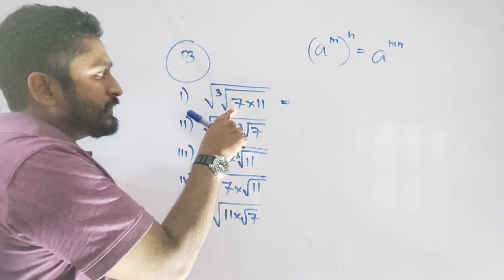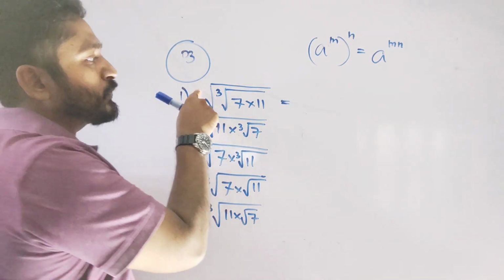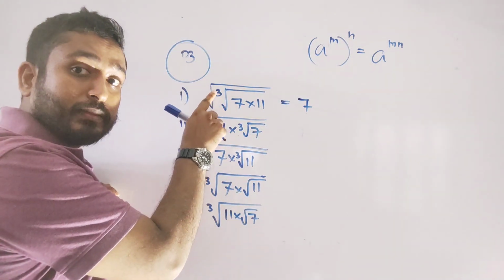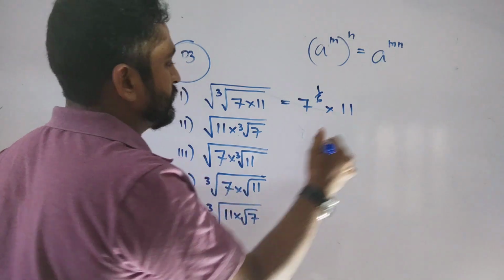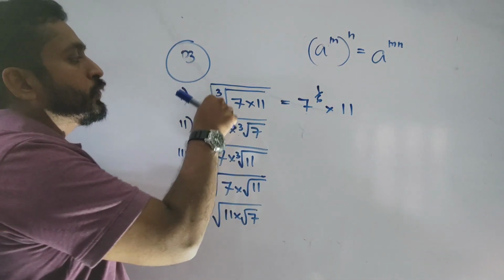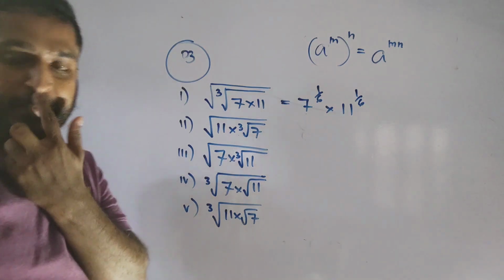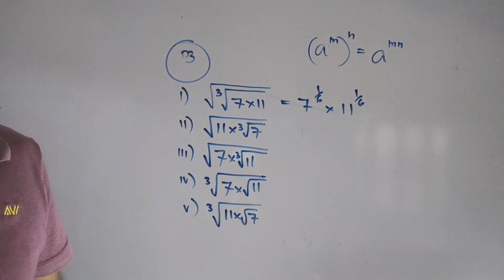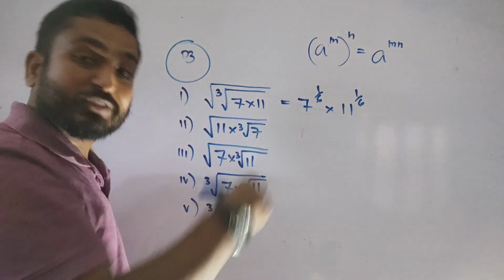Likewise, 7 has been considered on its cubic root and square root. So it is going to be 7 to the power 1 by 3 to the power 1 by 2, which is 1 by 6, into 11. Again, cubic root, square root, 1 by 3 into 1 by 2, 1 by 6. Clear?